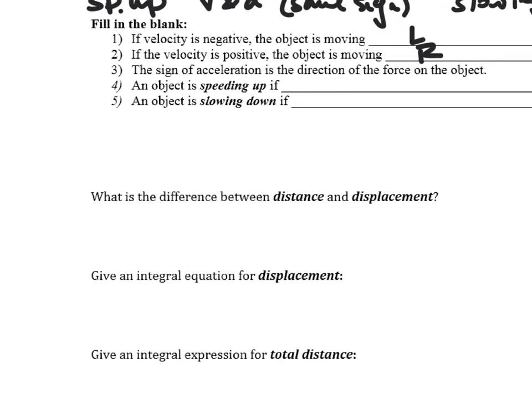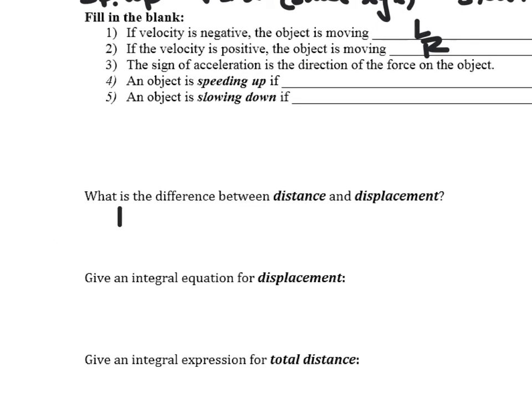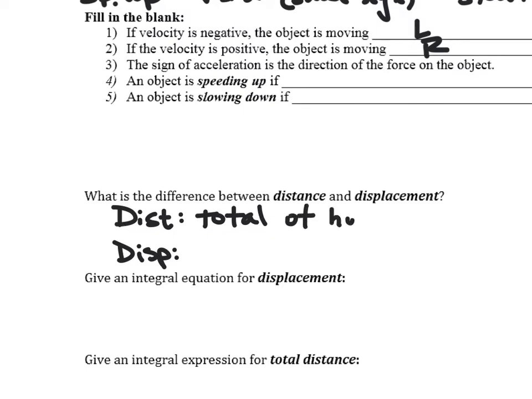So what is the difference between distance and displacement? So distance is the total of how far the object traveled.